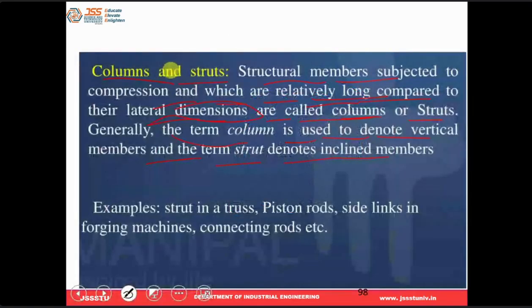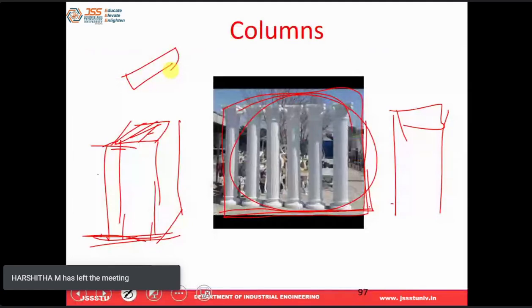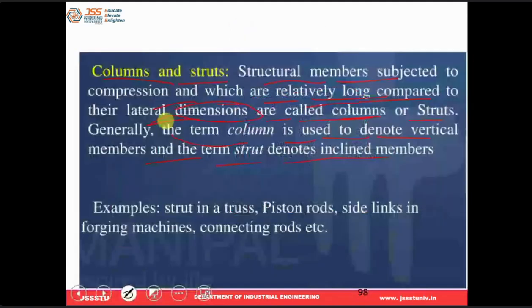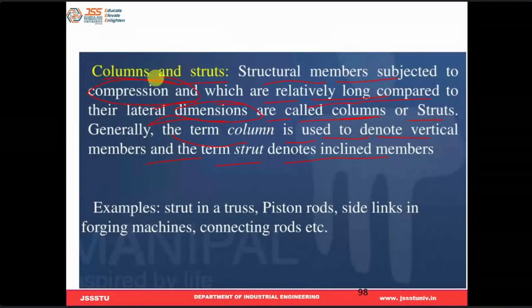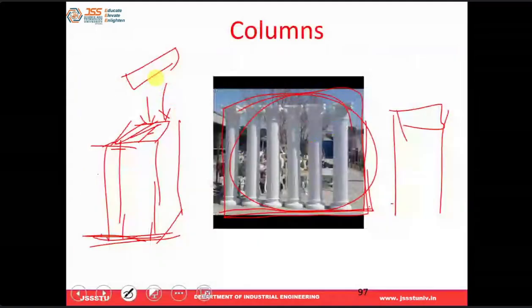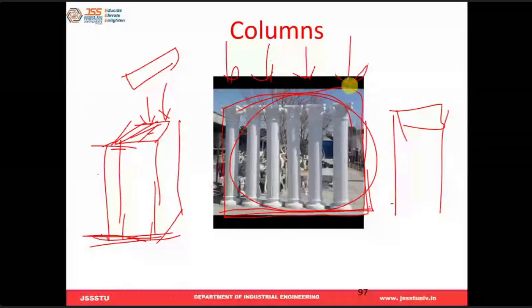Both of these are structural members, and they take up which kind of load? Compression. Always compressive, because the weight of the roof or anything in the structure acts towards gravity, and that load is taken up by these columns.